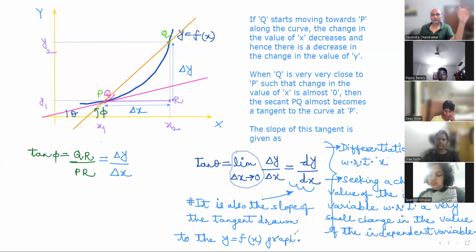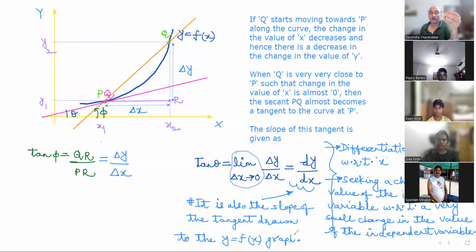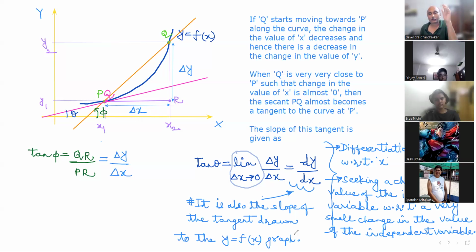Got it? This is what we mean by differentiation. So later on we will see how to use it in kinematics and other topics of physics. But first you should understand what is happening. Then only you will be able to appreciate it. That is when the fun will come. Okay? Note it quickly, all of you.